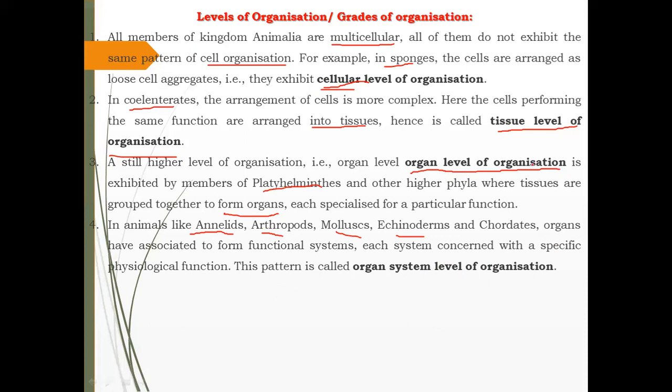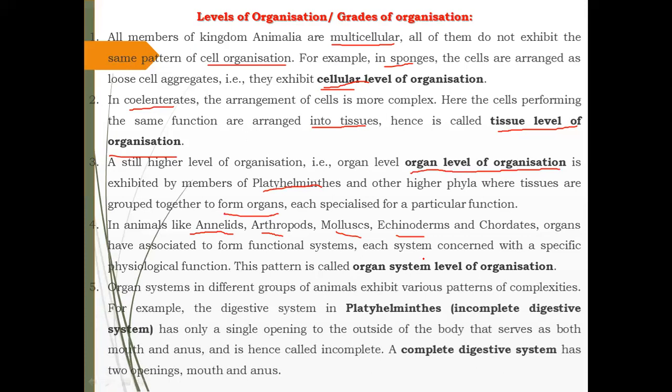लक्षात येते? या ठिकाणी one proper system formed, that is, you know, digestive system. Digestive system is a set of a number of organs, small organs, then small tissue, then cellular organization, then they complete the digestive system. For example, organ systems in different groups of animals exhibit various patterns of complexity.